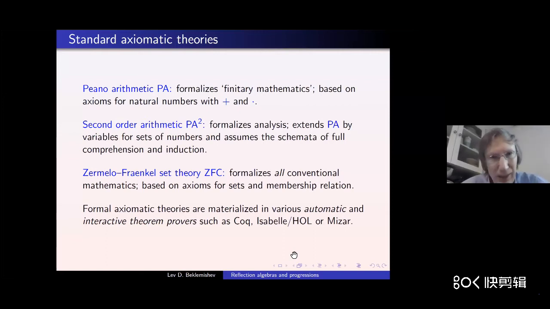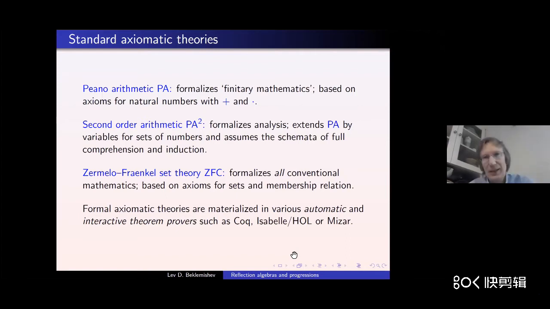Among them, three particularly important ones deal with, firstly, so-called finitary mathematics, or mathematics of finite objects, as every finite object can be coded by a number. So this is usually formulated as a theory of arithmetic. It's called Peano arithmetic. That's the theory of natural numbers in the language with plus and times.